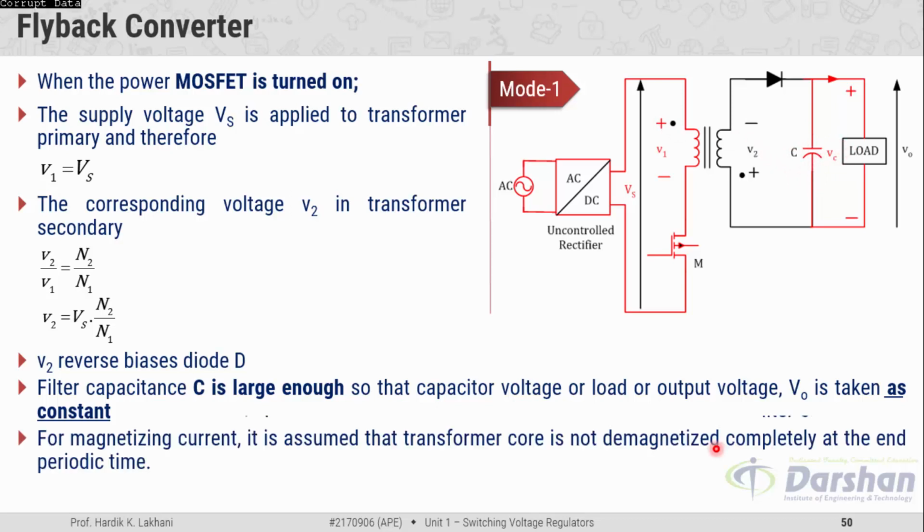For the magnetizing current, the current flowing through the transformer core, it is assumed that the transformer core is not demagnetized completely at the end of the periodic time, which means we are considering the continuous conduction mode. The transformer core always has some amount of energy.